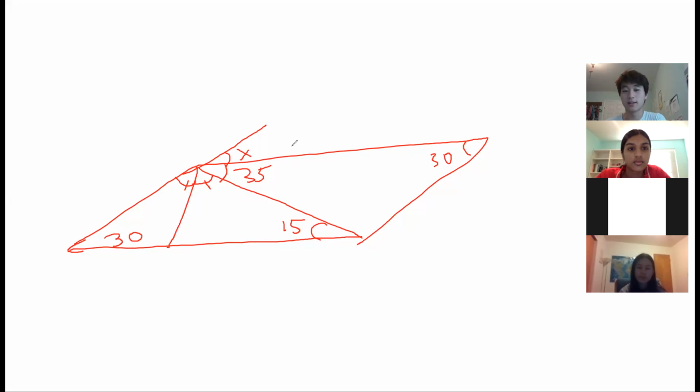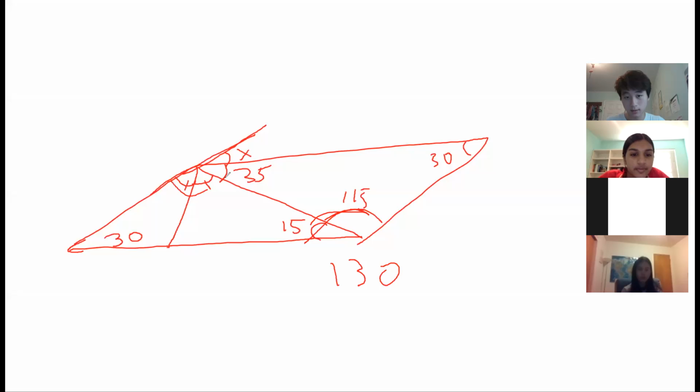Oh, sorry. I probably should have told you that this is a parallelogram. Yeah, I hope you guys figured it out. This is a 180-degree angle. This would be 5 plus 115. Yeah, this would be 115. Total, that would be 130.